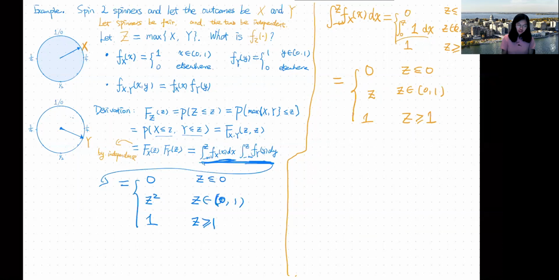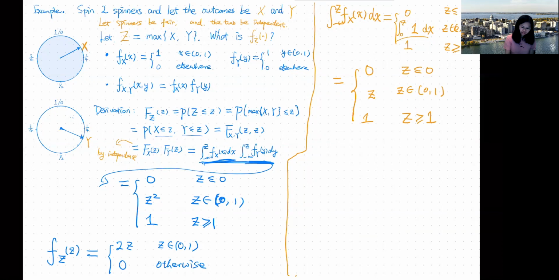Now that is the CDF of Z. In order to get the PDF, we simply take the derivative. The derivative of that is 2z if z is between 0 and 1, and 0 otherwise.